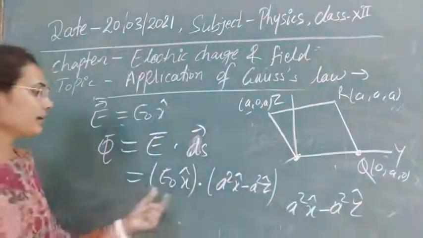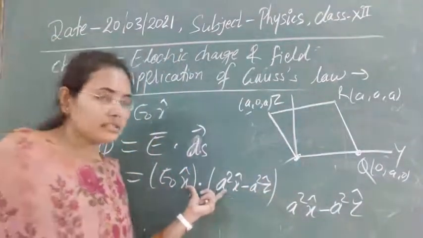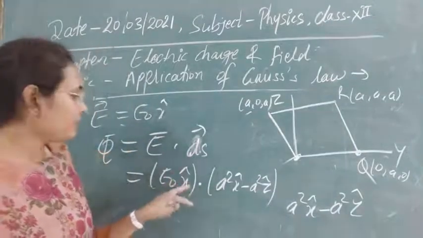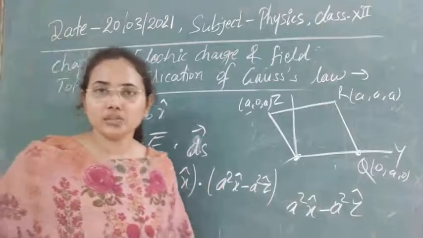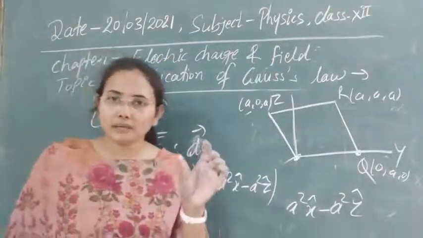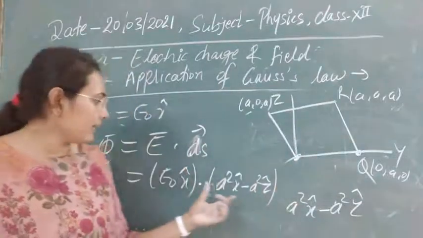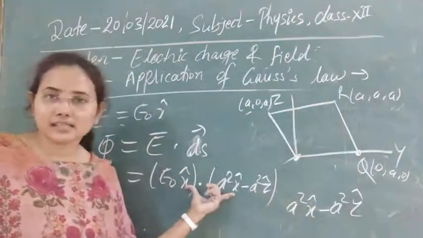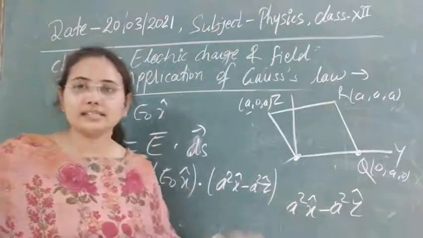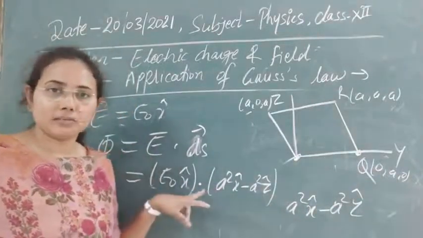As we know, the same direction gives the value 1 and perpendicular directions give the value 0, since a dot b is ab cos theta. The angle between the x axis and x axis is 0. The angle between the x axis and the z axis is 90 degrees, so that case will be equal to 0.